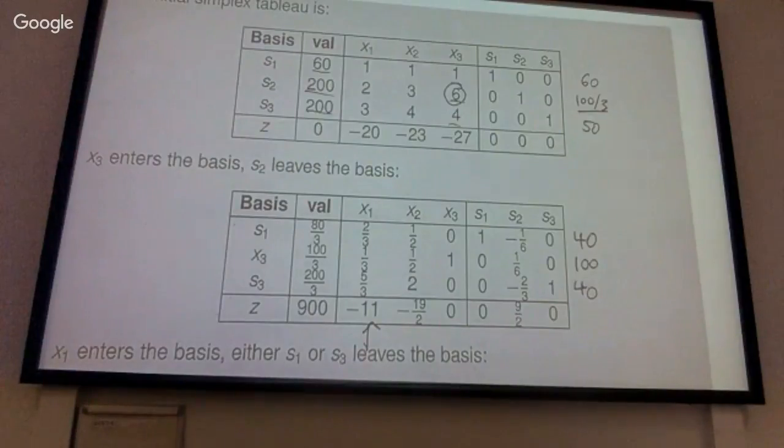You can choose any of them with the same ratio. What you should expect is that one of the entries in the values is going to be 0 in that case. Because, as we talked about, the ratio test makes sure that you don't get anything negative in the values of the variables. So if you have 2 of the same ratio tests, then you're expecting in the next tableau to be a 0 there.